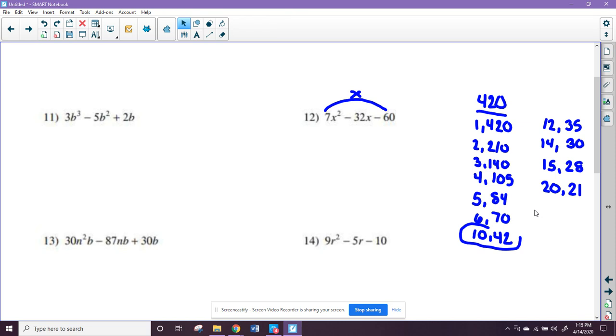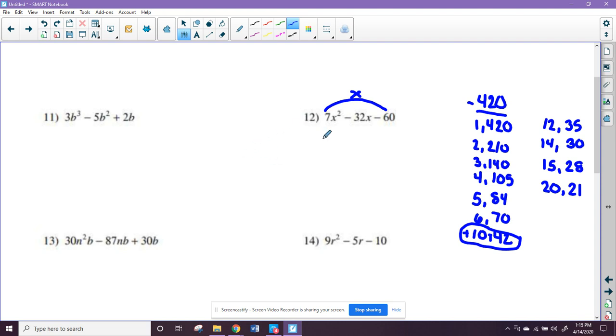Still getting used to my pen over here. Okay, 10 and 42. To get negative 32, we'd have to have a positive 10 and a negative 42. If you multiply these two together, we would get a negative 420, which we needed.